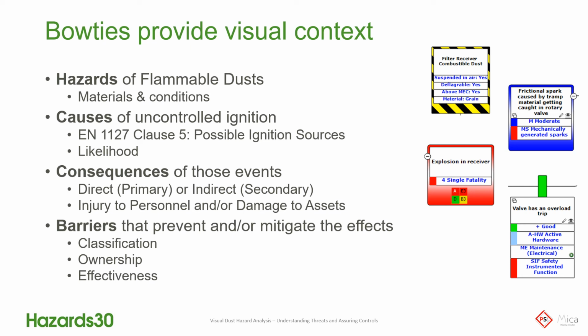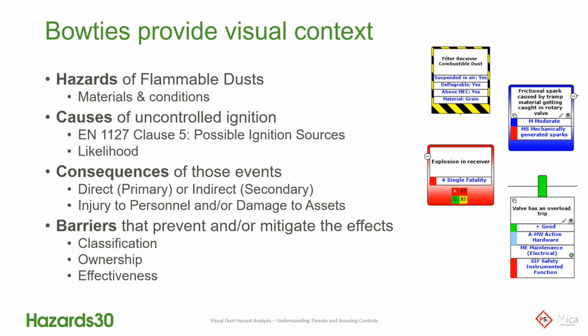And you can assess that not just on personnel injury, but also asset damage, and if you want, environmental impact, reputational damage, etc. And really at the heart of it are the barriers. So the presence and the performance of the barriers is what keeps you safe.